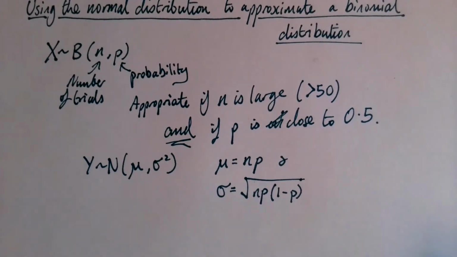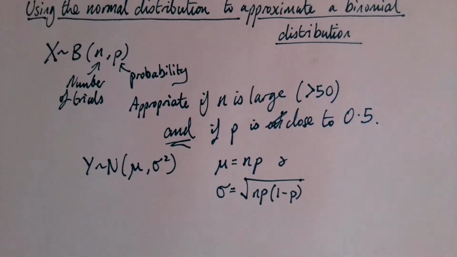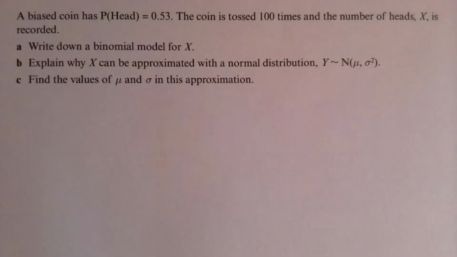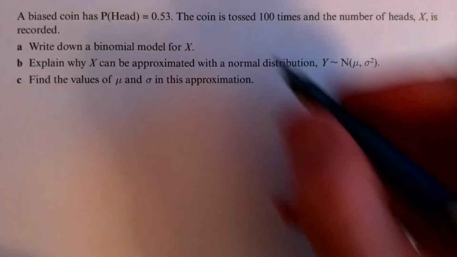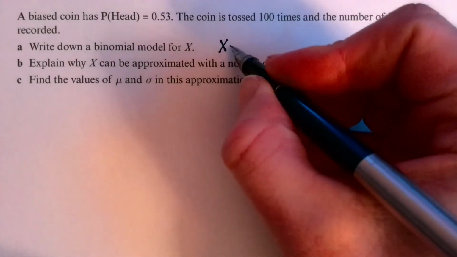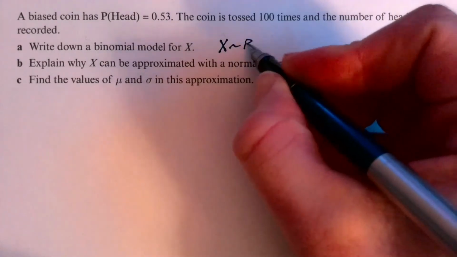Right, so we'd better have an example. Here's our first example, so copy it down and see how far you can get before unpausing and letting me take you through it. So for part A, all it's talking about is our binomial model, as we were talking about just before.